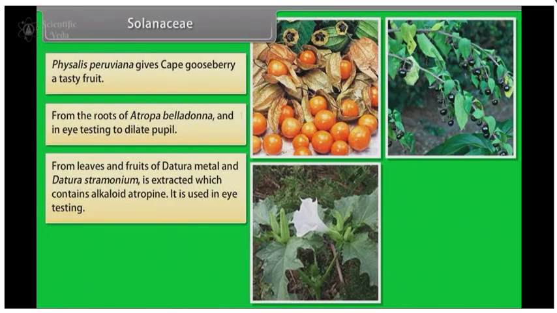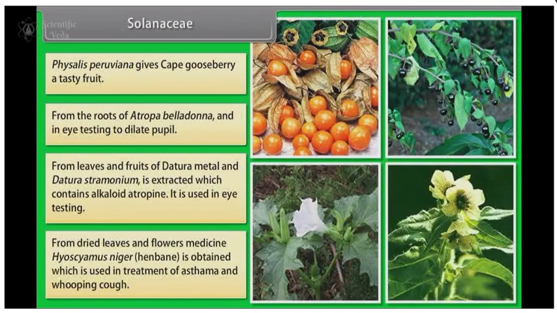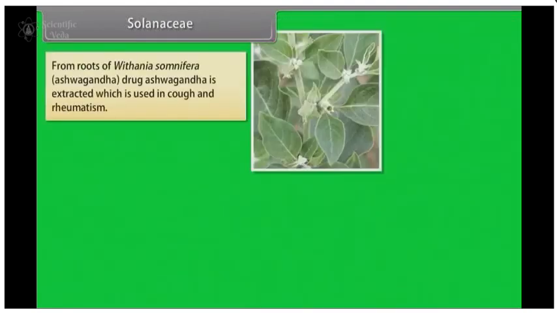It is used in eye testing. From dried leaves and flowers, medicine from Hyoscyamus niger, henbane, is obtained, which is used in treatment of asthma and whooping cough. From roots of Withania somnifera, ashwagandha, the drug ashwagandha is extracted, which is used in cough and rheumatism.